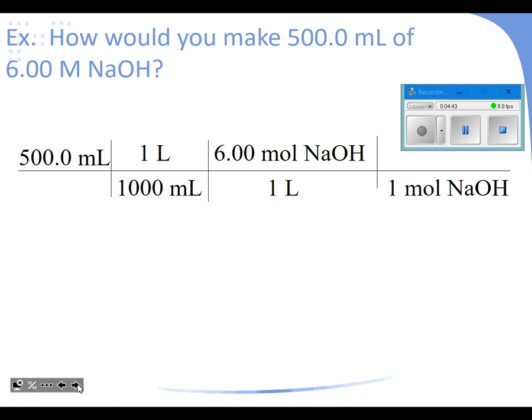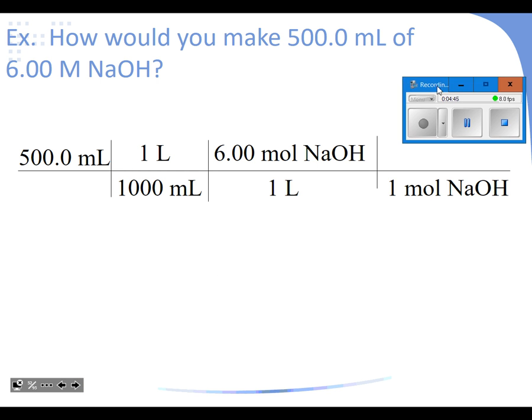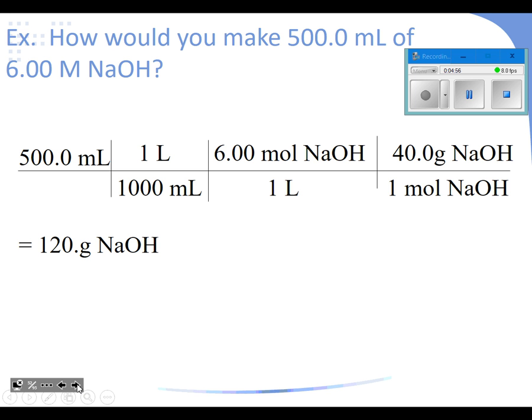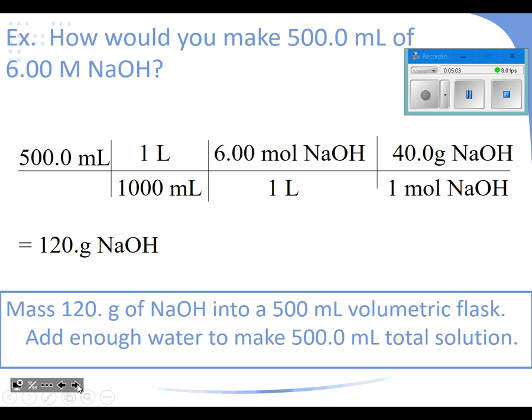And we know that for every 1 mole of NaOH, we have 40 grams of NaOH from the GFM. That would cancel out our moles, and we would end up in grams. So we would need 120 grams of sodium hydroxide. Then we would add that to a 500 milliliter volumetric flask and add enough water to that 500 milliliter mark, and that would make our 6 molar concentration.